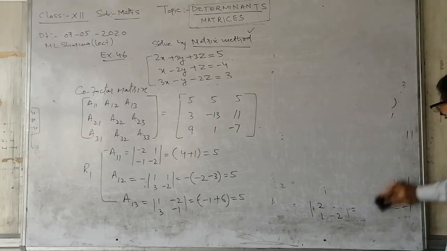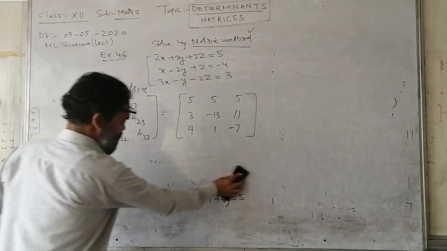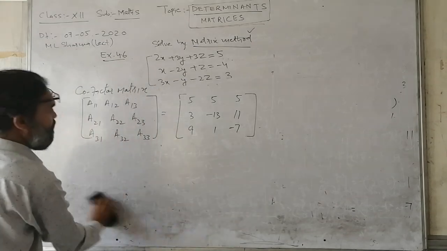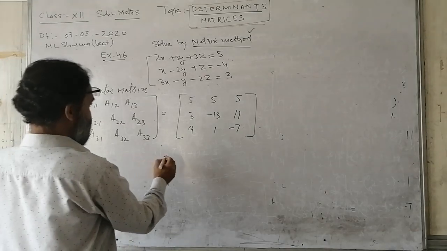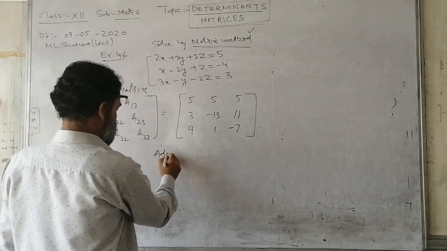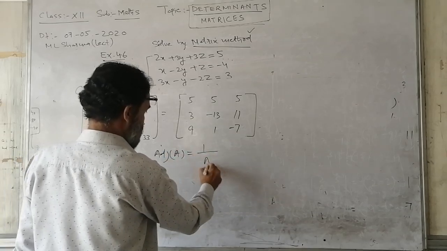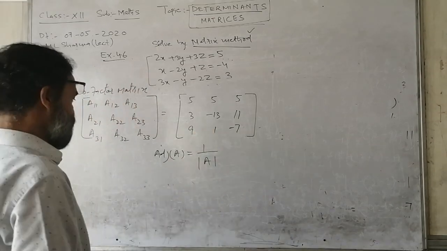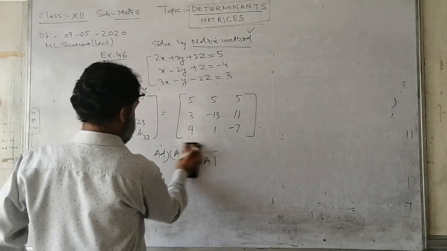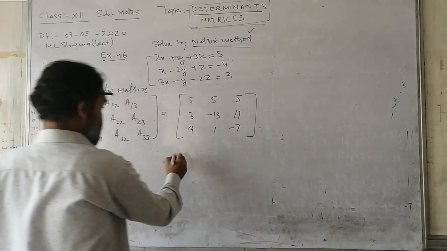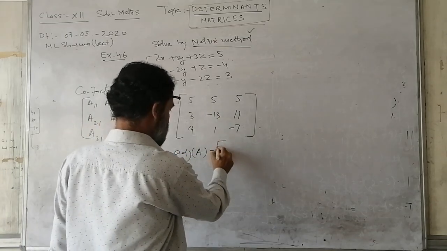Adjoint of matrix A. The inverse is 1 upon determinant A into adjoint of A. First, the adjoint of A is the transpose of this cofactor matrix.